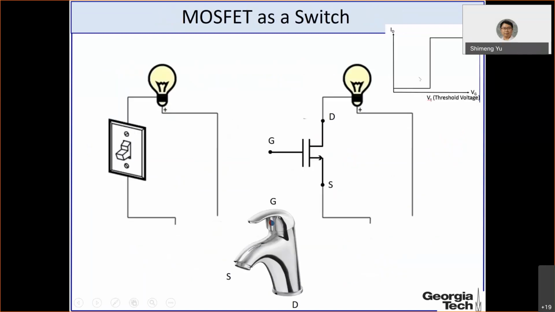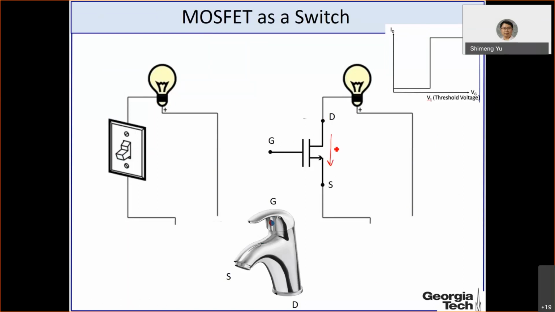Okay, so the MOSFET, at a very high level, you can think of it as a switch. Basically, the gate is a control terminal to determine whether you have current flow between the source and the drain. So here, if the gate voltage is large, then you turn on the MOSFET, and the current will flow.